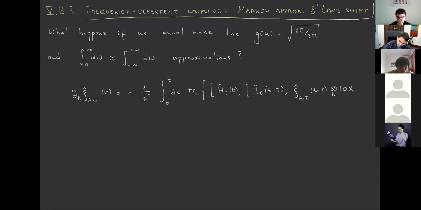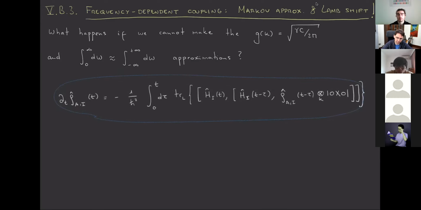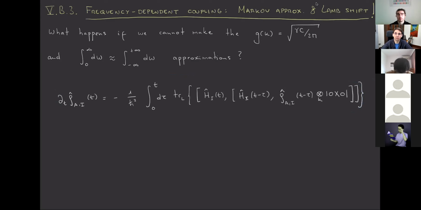And here the thermal state, but I will assume for simplicity that we are at 0 temperature. So we are in the vacuum state of the external or the environmental modes, okay? So I hope that you remember that after Born and Markov approximations, this is the exact form that we found for the master equation. So exact within those approximations.